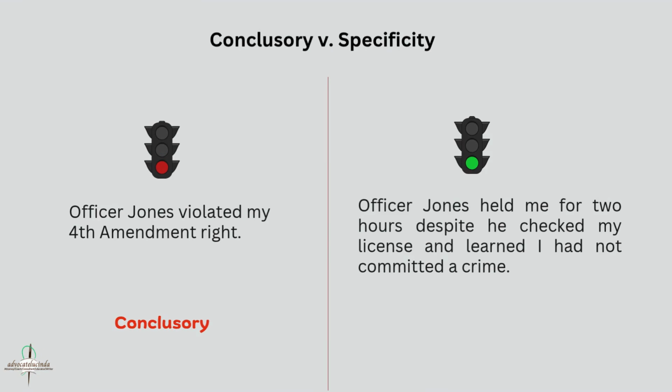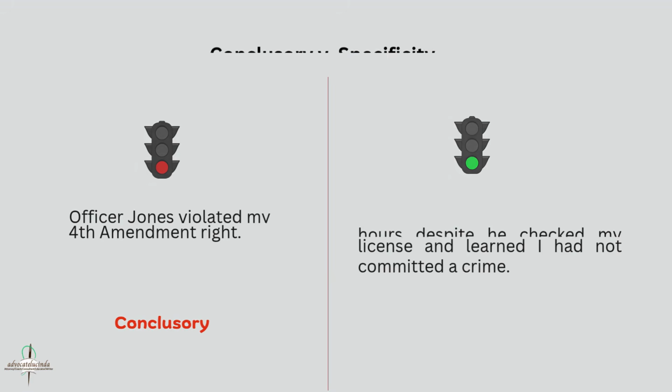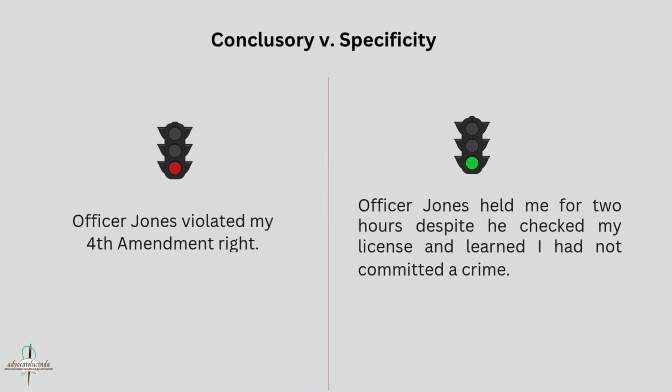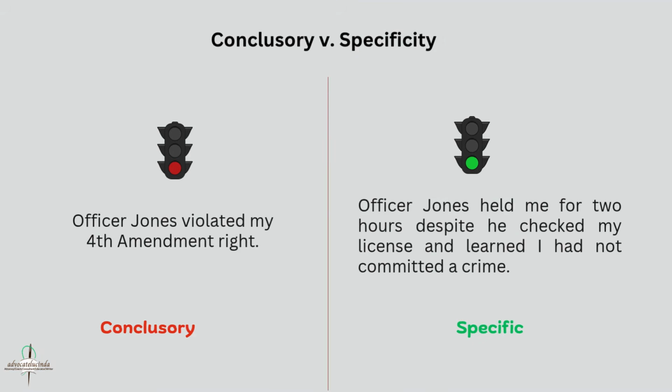The first one is conclusory. A conclusory statement is one that is not supported with facts. Whereas in the second statement, which is more specific, you see how it is supported with facts. You see the difference?